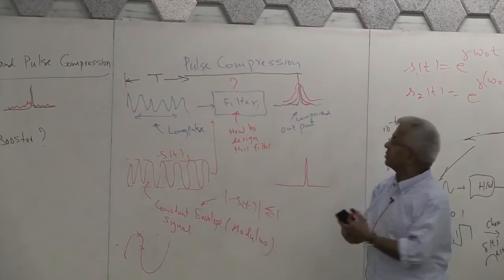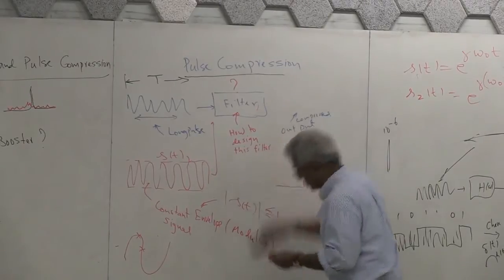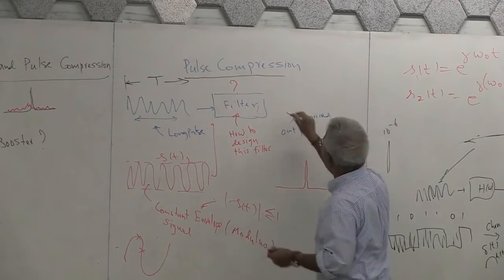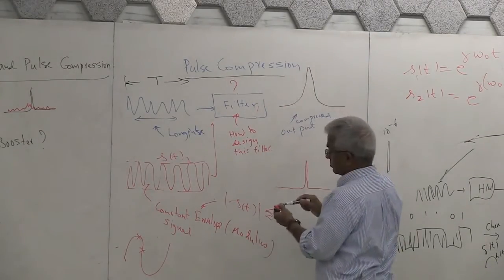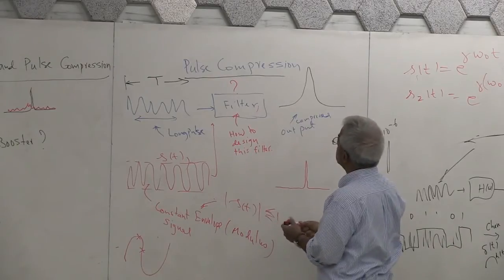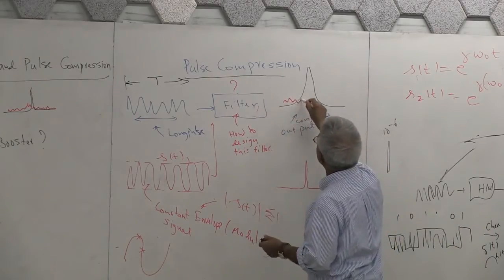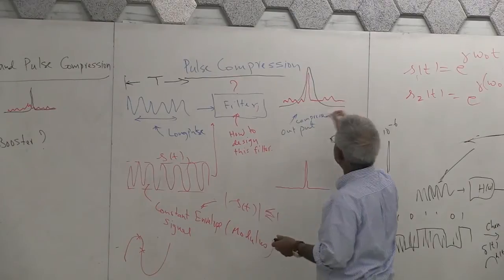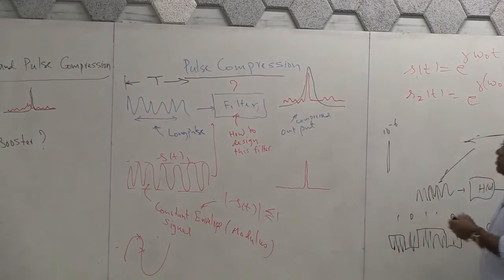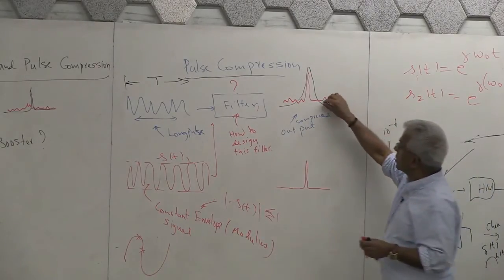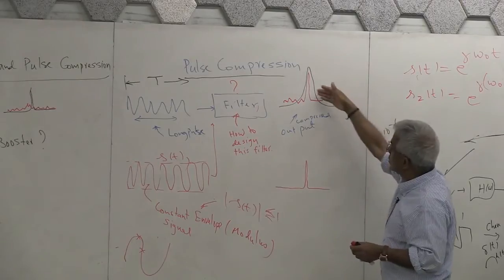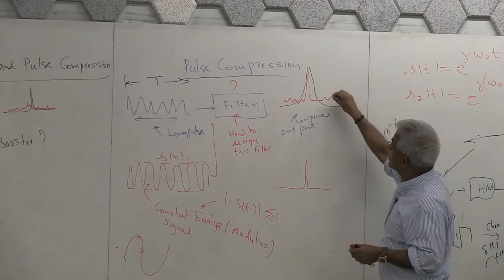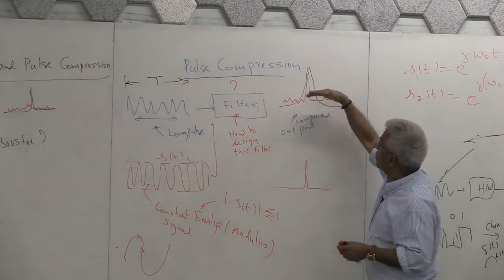It's easy to measure. If two of you say that you have done compression, one looks like this, the other one looks like this, then of course you could say the black one has lower side lobes, whereas the red one has higher side lobes. So you will have to see.